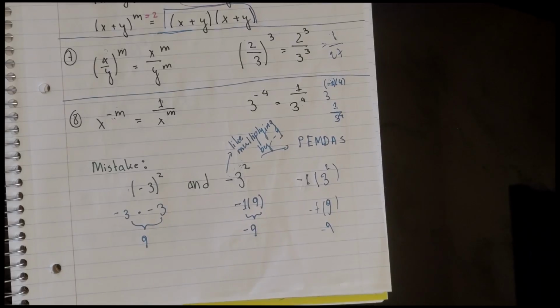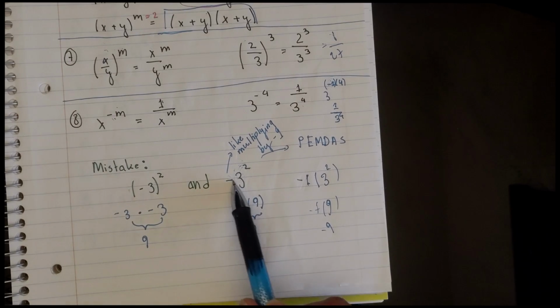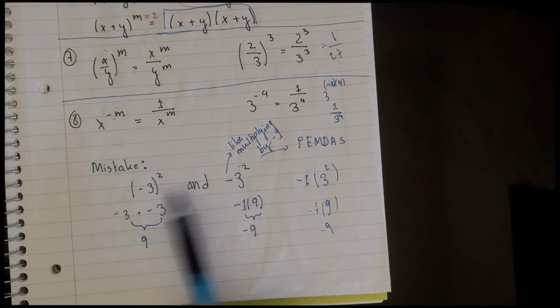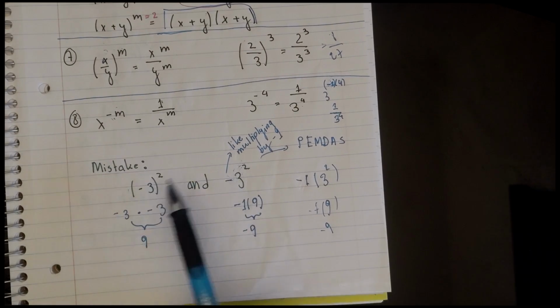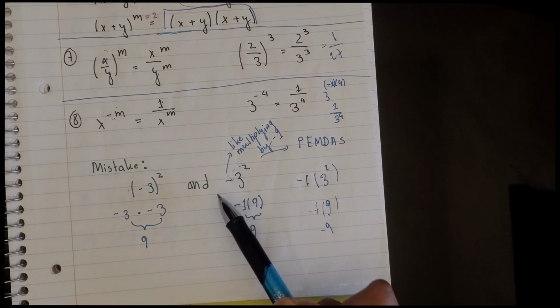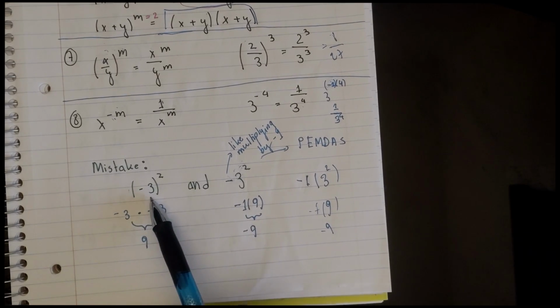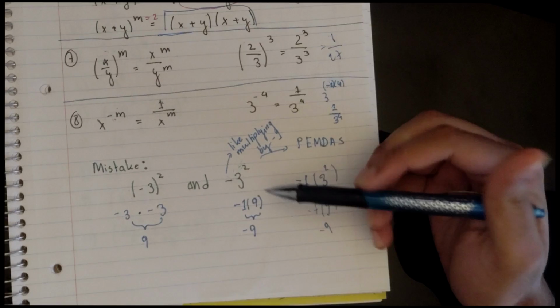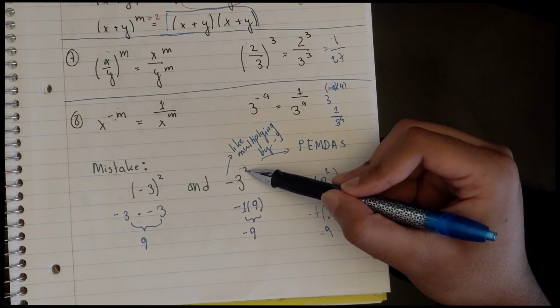And finally, don't make this mistake, because I've made it too many times. That mistake is negative 3 to the power of 2 versus (negative 3) to the power of 2. They look very similar, and before I would have said they have the same answer. But no, because you have to look for the parentheses. You have to see what's inside and what's included. In this one, only 3 is raised to 2, not the negative.